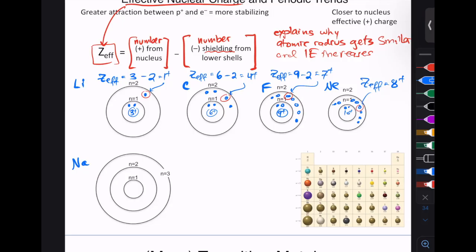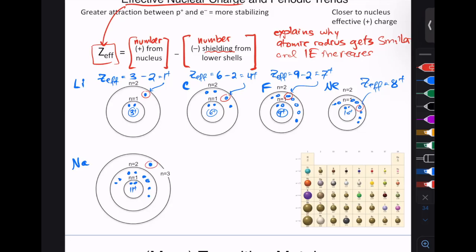So let's plot that out. Here we have 11 positive charges in the nucleus. We still have 1, 2, n=1 is full. n=2 is now full. 1, 2, 3, 4, 5, 6, 7, 8. We're full with 8. And now that 11th electron has to go out here at n=3.